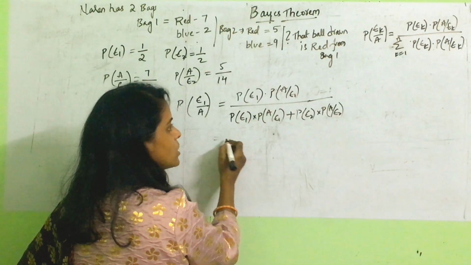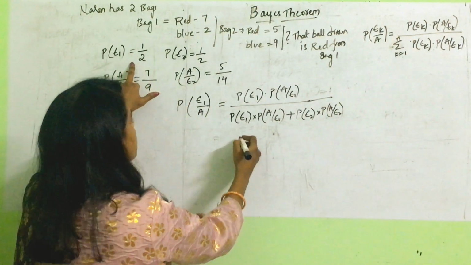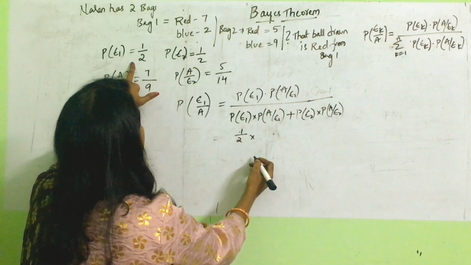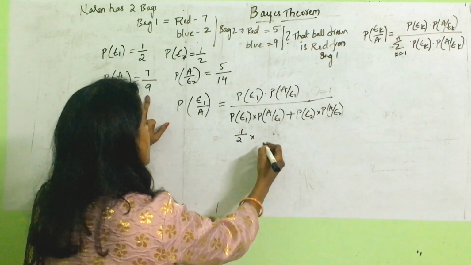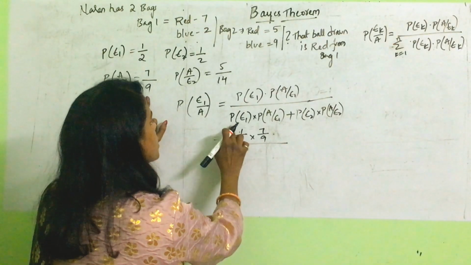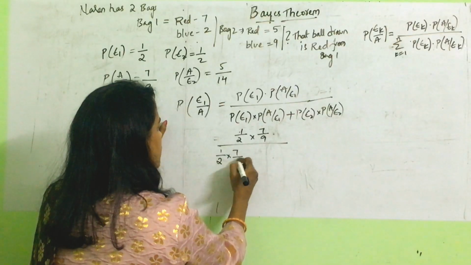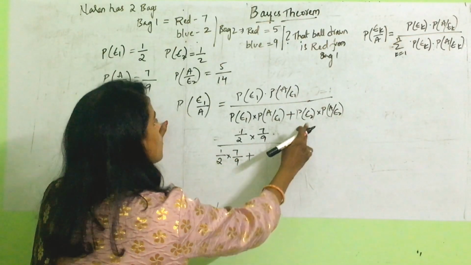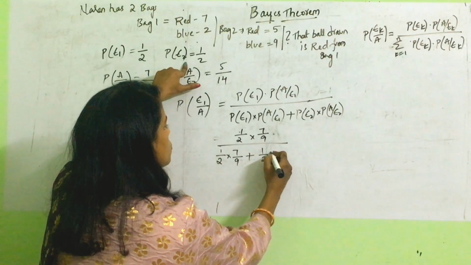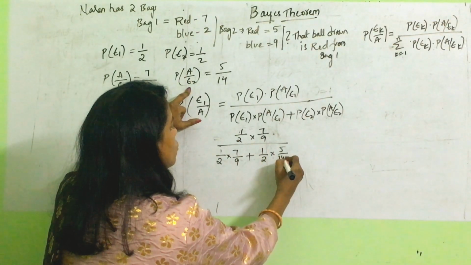Now substitute that in the formula. What is the value of P of E1? That is 1 by 2, into P of A by E1, that is 7 by 9, divided by P of E1 again, the same thing, 1 by 2 into 7 by 9, plus P of E2, which we got as again 1 by 2, into P of A by E2, that is 5 by 14.